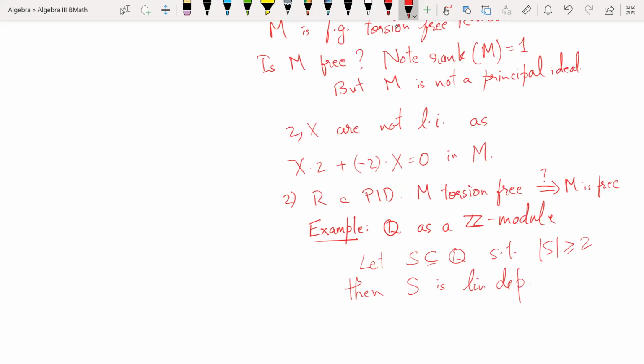Like I took half and 1/3, or you take any two rational numbers, then you multiply by the denominator of one to the other, and make some adjustments. So you take R over S and P over Q, two rational numbers. Then you take S times P and Q times R.